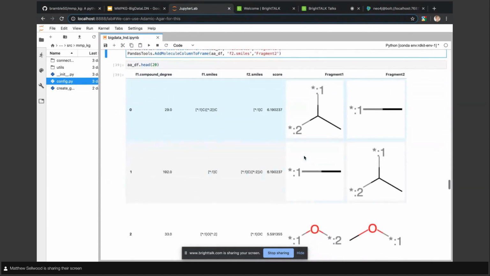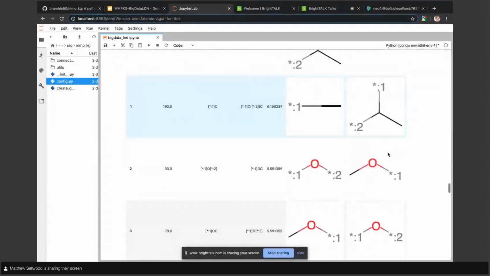So here, when we start to look at this, we can see changing. So we get them in both directions again because we've not specified direction in our query. So here we can see swapping this fragment for this fragment has not actually been seen in this data set yet. And so you can think when you're designing a molecule, maybe this is something that I might want to change. Maybe if I have this in my molecule, I can swap it for this.